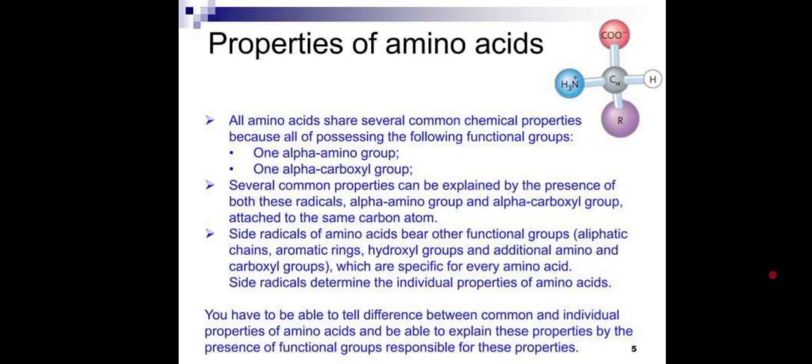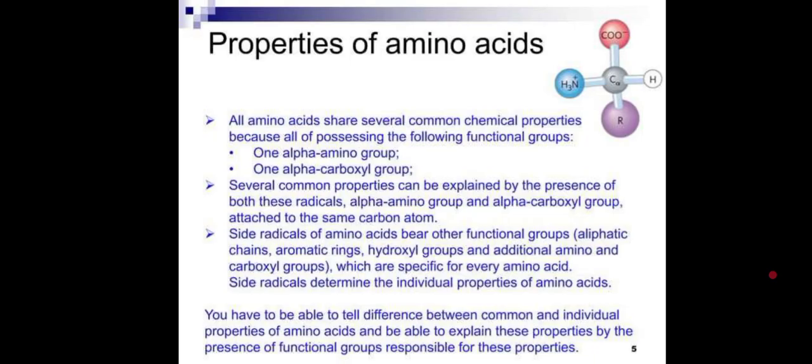So, an amino acid must have a common functional group. That is, it must have one alpha amino group and one alpha carboxyl group. These are the basic or the simplest amino acids. And like I told you, I gave you an assignment to look into the different classifications of amino acids and master their structures, because you will need to understand how to use them in the future.